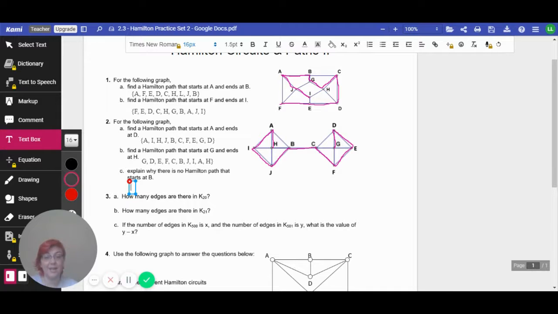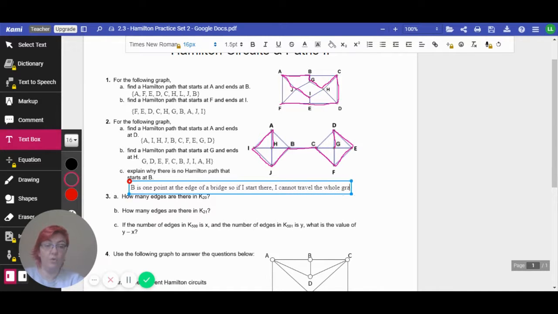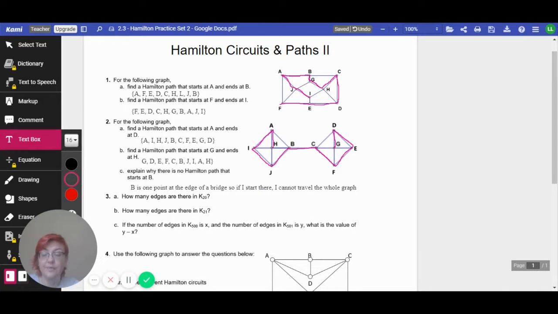There's no way that I can do the whole thing without crossing through B again. So I might make the explanation that B is one point at the edge of a bridge. So if I start there, I cannot travel the whole graph.